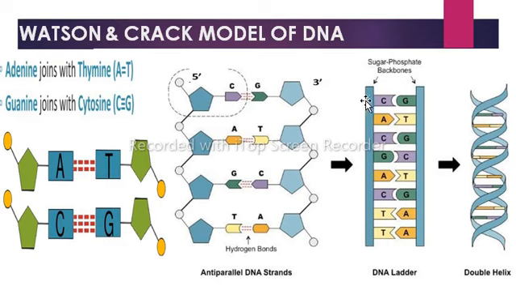Both strands of DNA are antiparallel to each other, in which one strand is 3' and the other is 5'. While in DNA replication, each strand acts as a template for the synthesis of another strand of DNA.